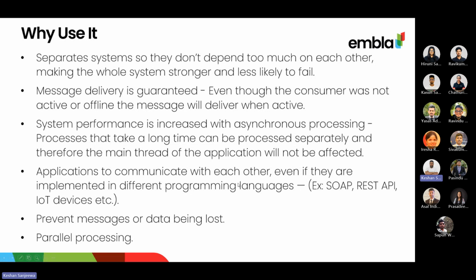As an example, just imagine a flight system, an airline system. A particular flight is about to be delayed, so the tower can send a message that this flight is getting delayed.